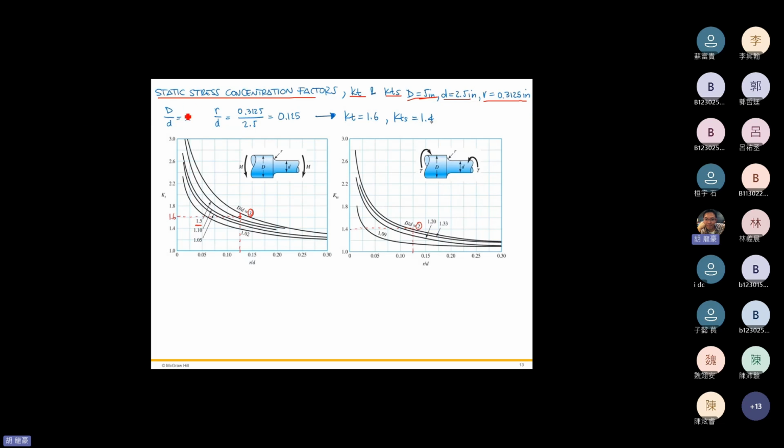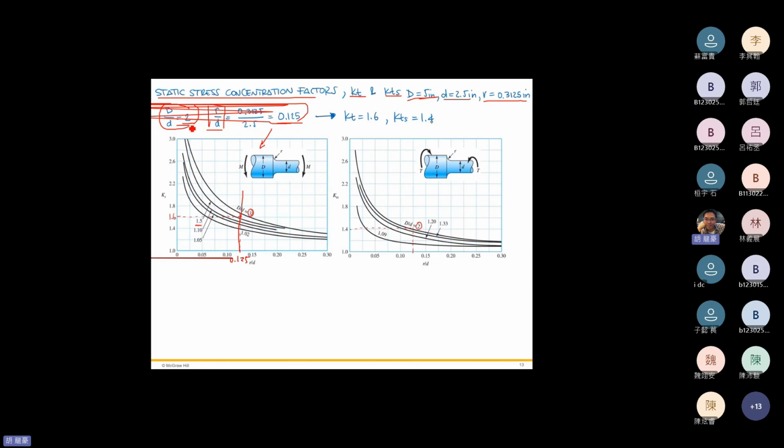The ratio between the two diameters, capital D over lowercase d, equals 2, and the radius over lowercase d equals 0.125. From this chart we can figure out which curve to use and the static stress concentration factor. So the ratio is 2, and r over d is 0.125 right here.